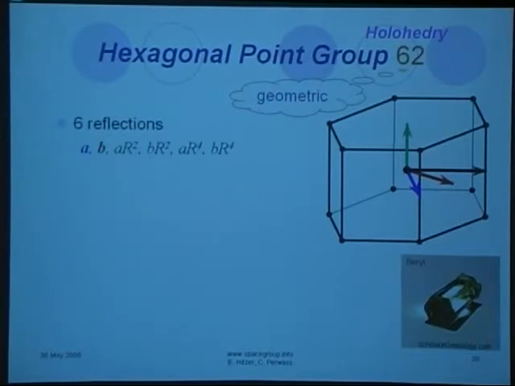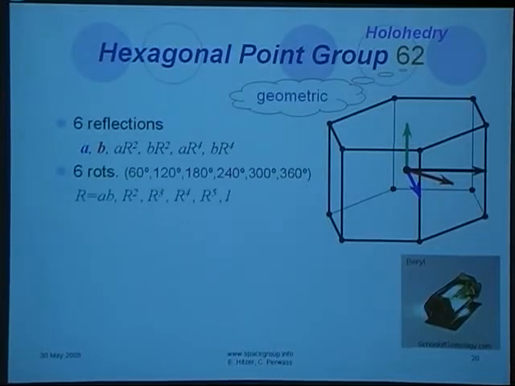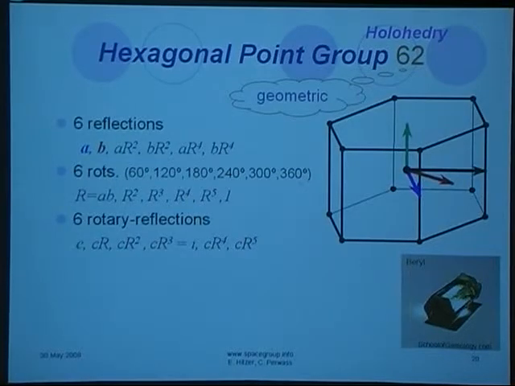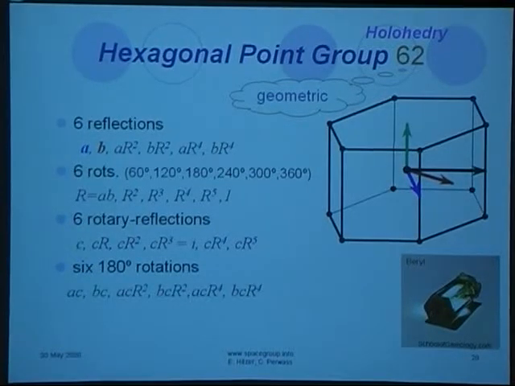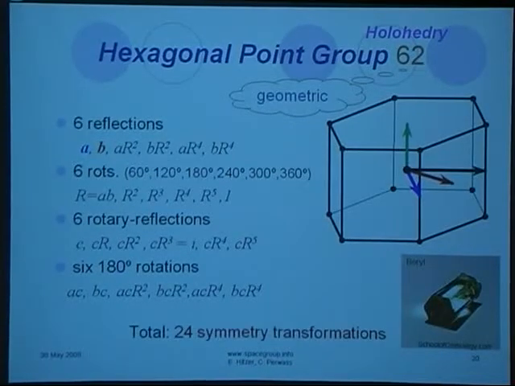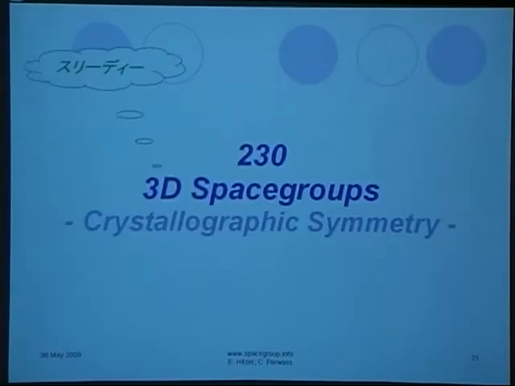So I have 6 reflections as I had for the plane two-dimensional space group, point group, and I have the 6 rotations as I had them before, but then I have rotary reflections using this vector c in addition, so just the rotors times c. And I have 6 180-degree rotations also involving A and B and C. That makes altogether 24 symmetry transformations, which can now easily be understood, I think.